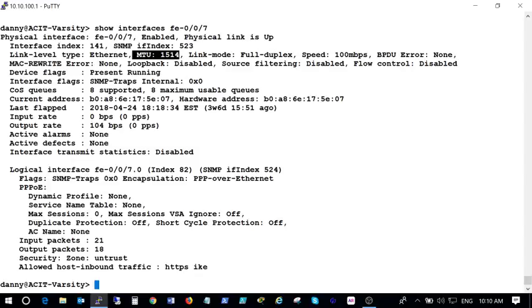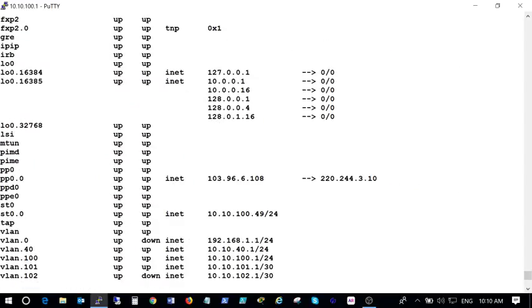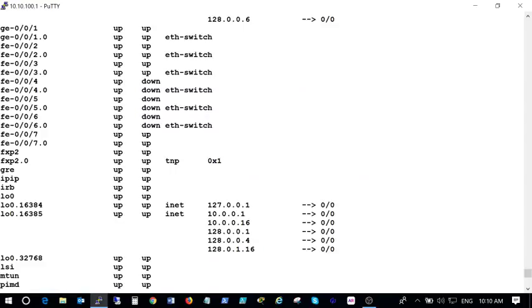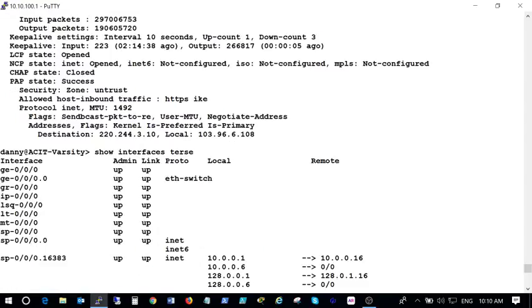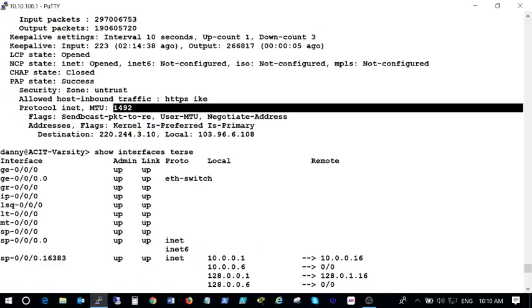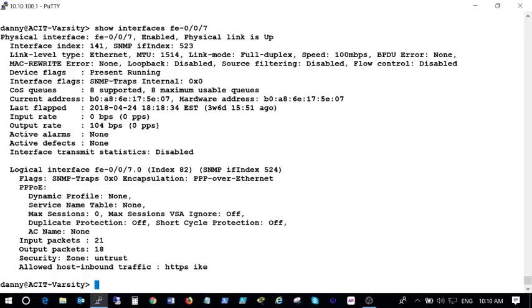So we've got our PP0 interface. Let's go back up and look at it. With an MTU of 1492, we have got the actual underlying interface with an MTU of 1514. Why are they different? Any ideas? Okay.